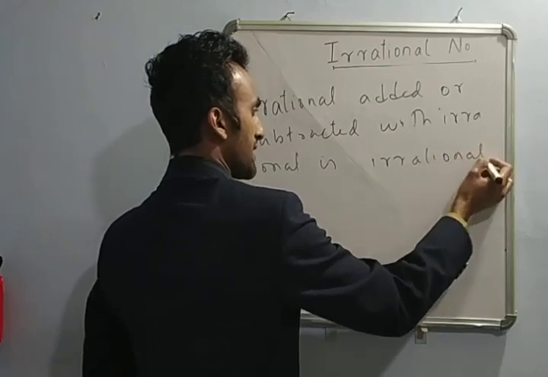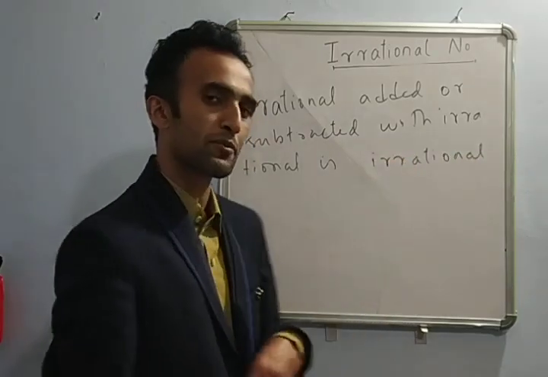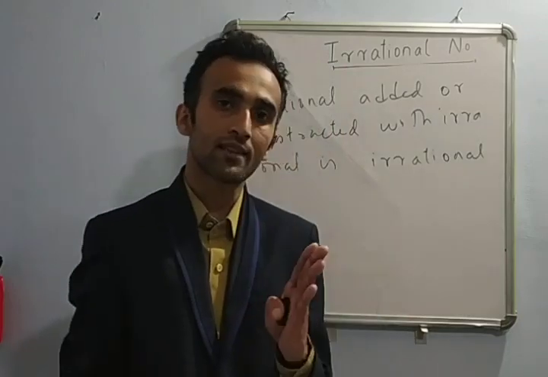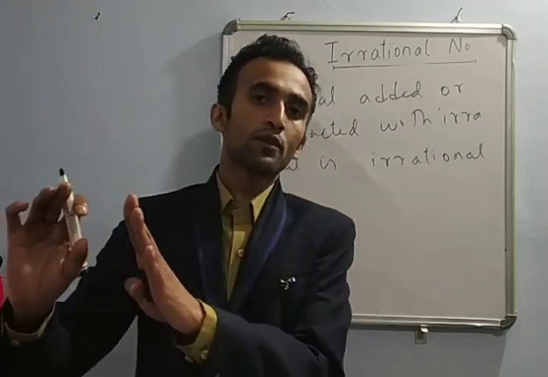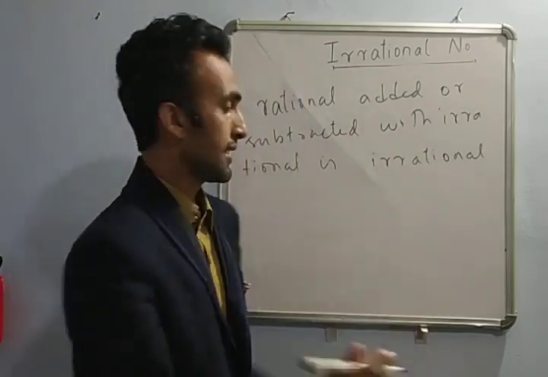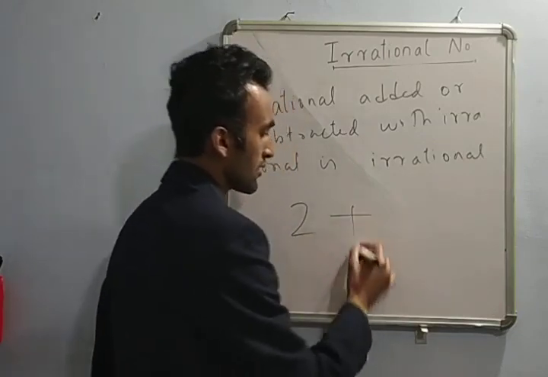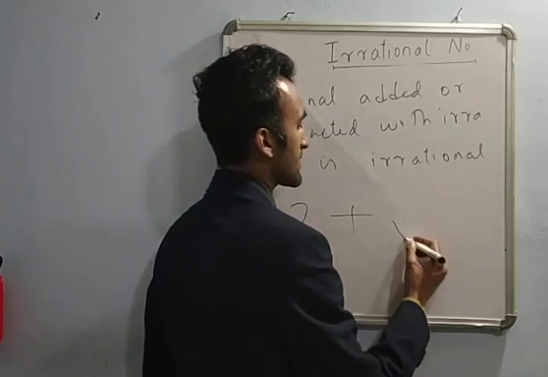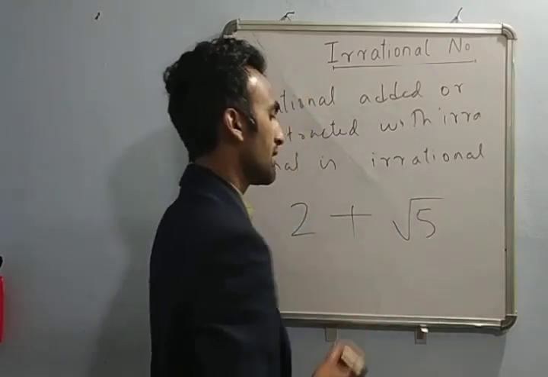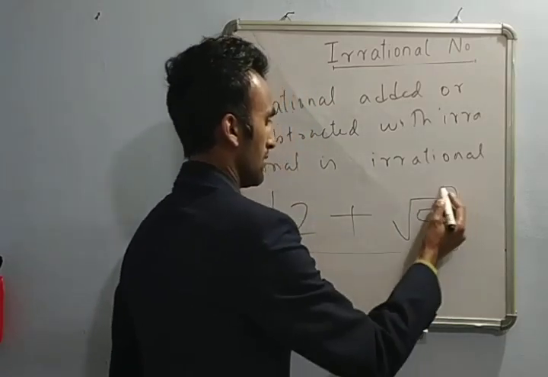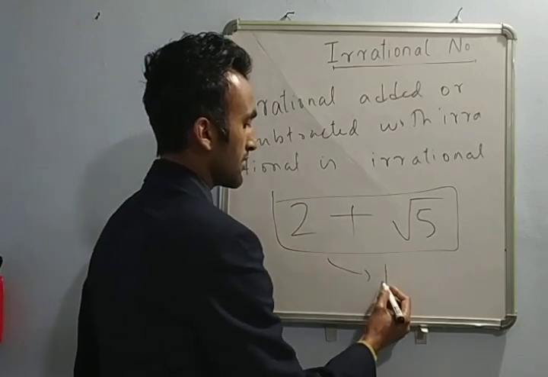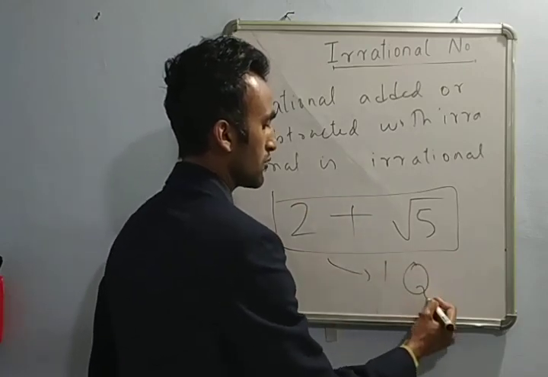Remember, if you add a rational number or subtract a rational number with an irrational, the output becomes irrational only. For example, 2 is rational, add any irrational, let's say root 5. The output as a whole becomes irrational.